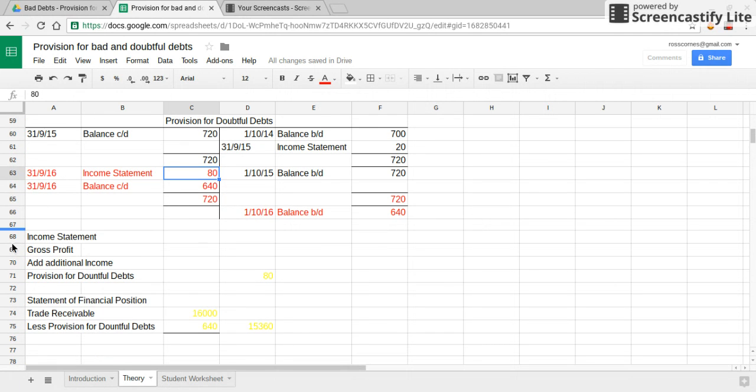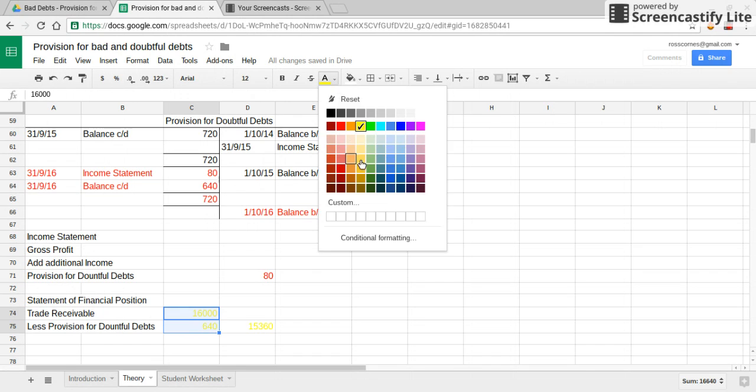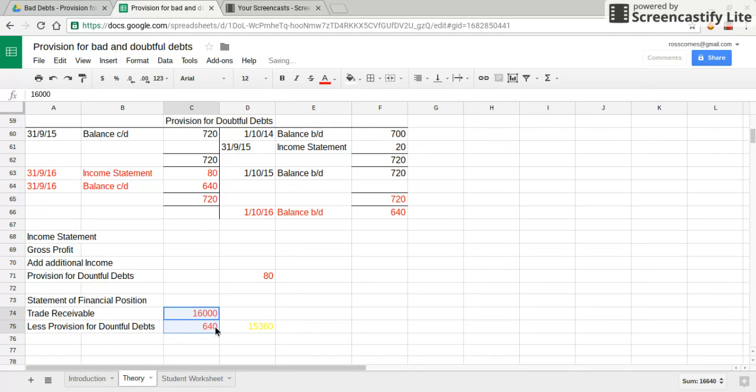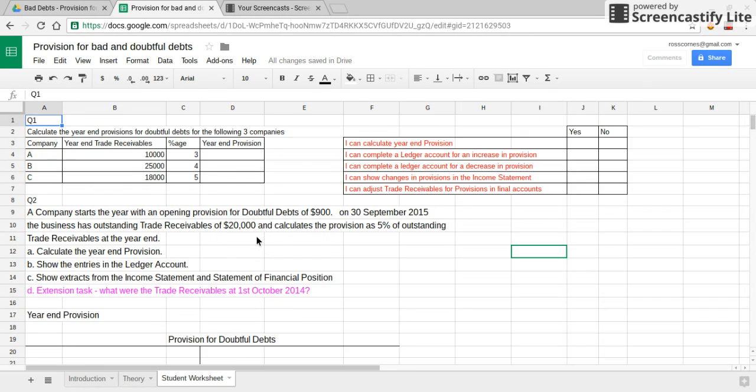So if we have a look at what we're going to now do with this $80 in the income statement, we're going to add it on to gross profit as an additional income. Okay, and the trade receivables, well, they're going to reduce from $16,000 by $640, so the total is going to be $15,360.